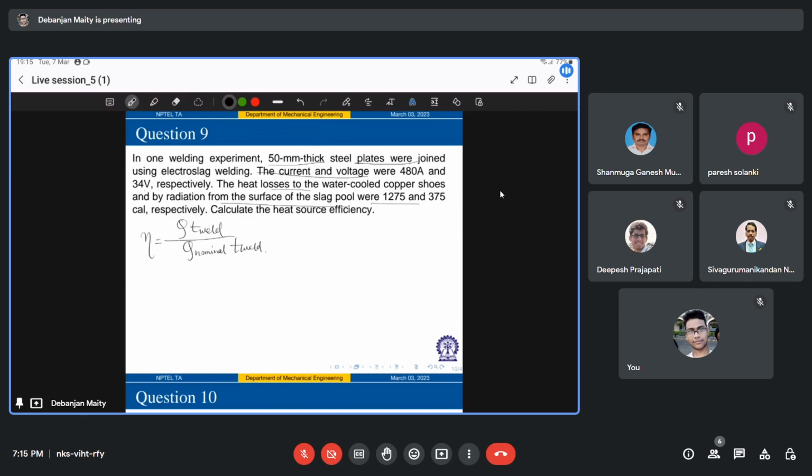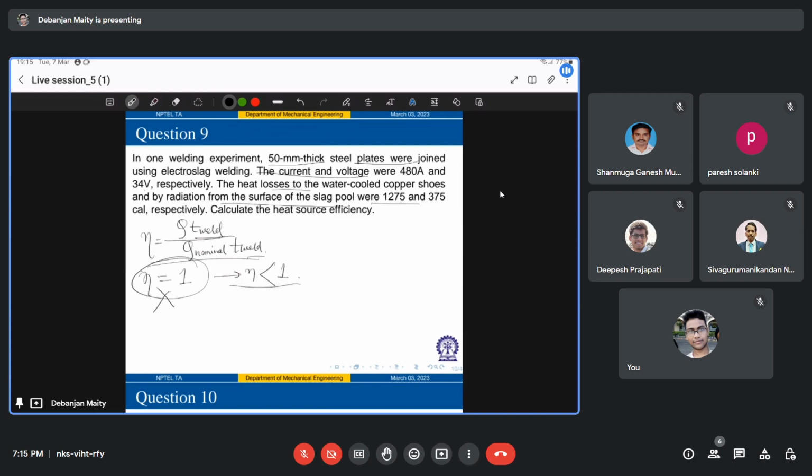Q nominal is the nominal power of this heat source, and Q weld is the welding time. So a portion of the power provided by this heat source is transferred to the workpiece, and the remaining portion is lost to the surrounding, right? So eta cannot be one. It is always less than one due to some convection and radiation heat losses.